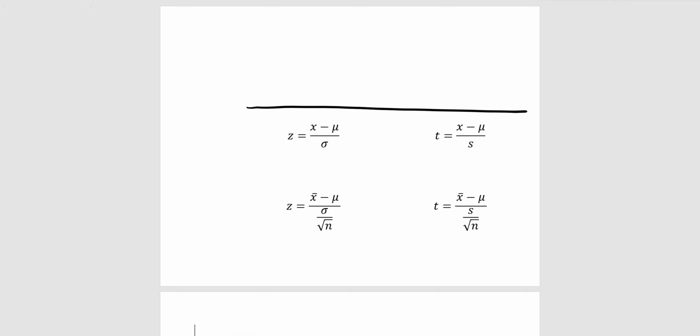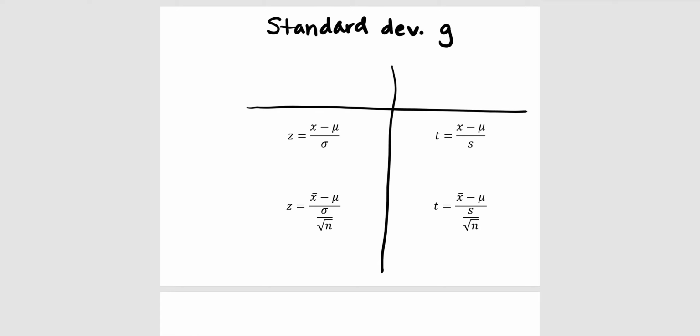All right, so we want to decide between the left options and the right options, Z or T. To answer this, you have to look at the standard deviation that's given in the problem.